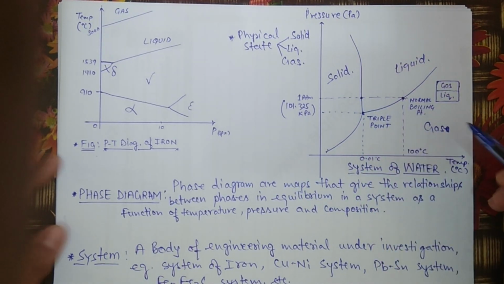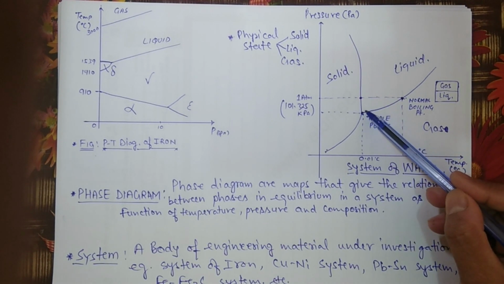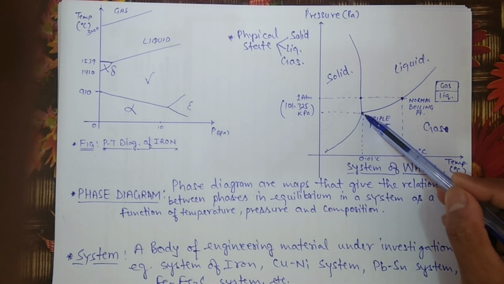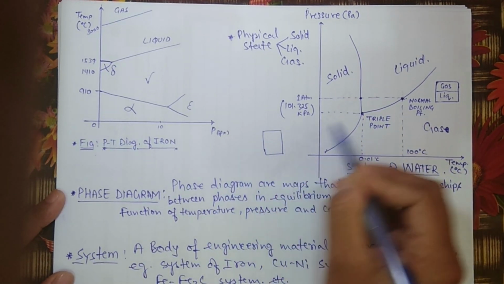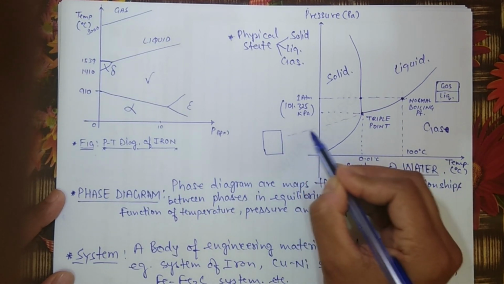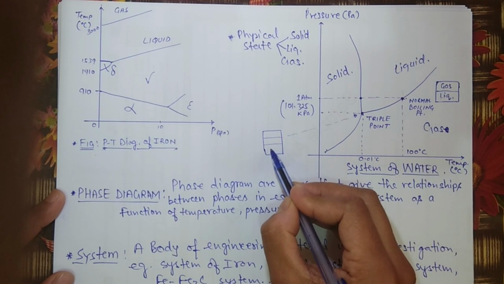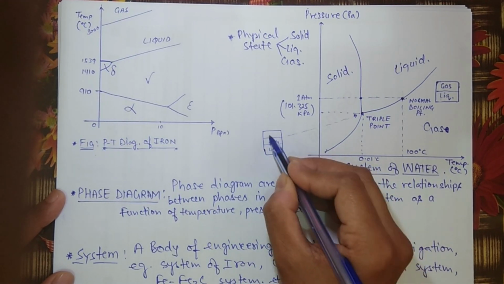Next we are going to see this. So the triple point. At this point you can see liquid is present, solid is present, and gas is present. If you zoom into this point, you have liquid, some solid, and some gas.